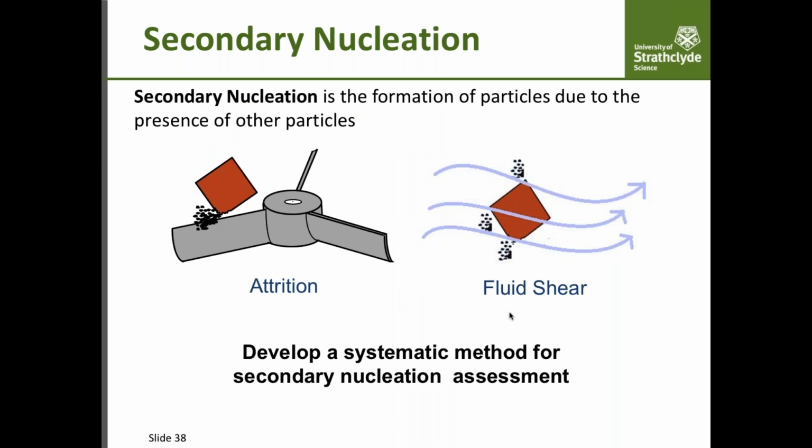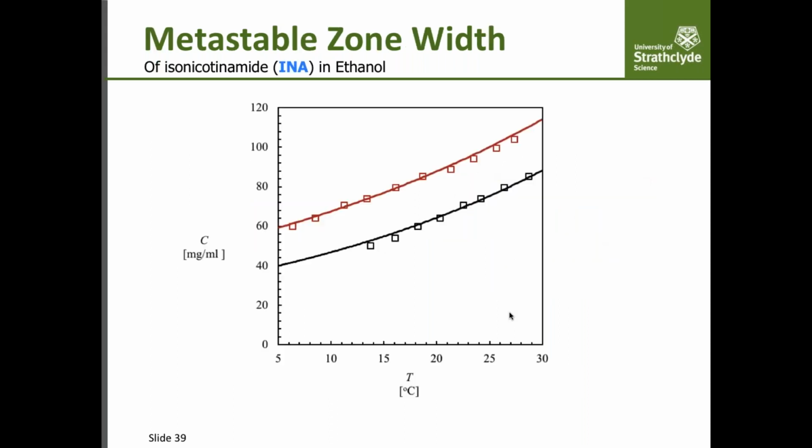And secondary nucleation can be due to an already present particle hitting the stirrer, or due to the flow around this already present particle removing small particles from its surface. So we want to determine secondary nucleation rates.